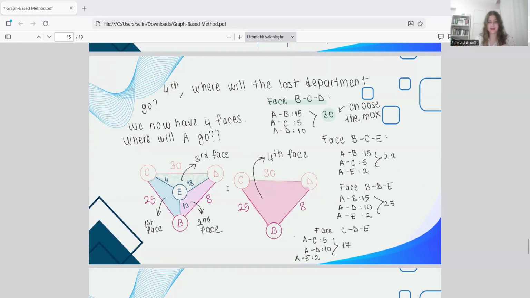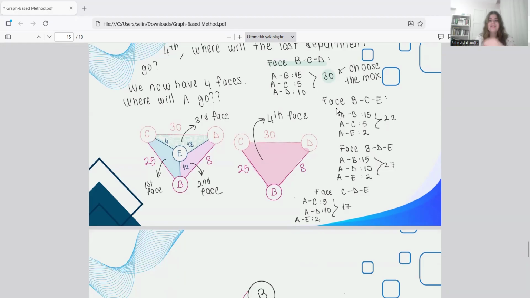So face B, C, and D, we have A's scores between those departments, and A and B is 15, A and C is 5, A and D is 10, and their sum is 30.